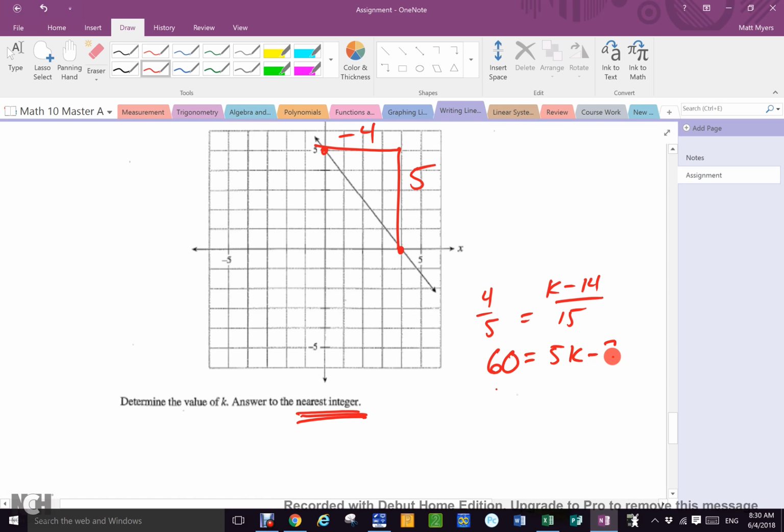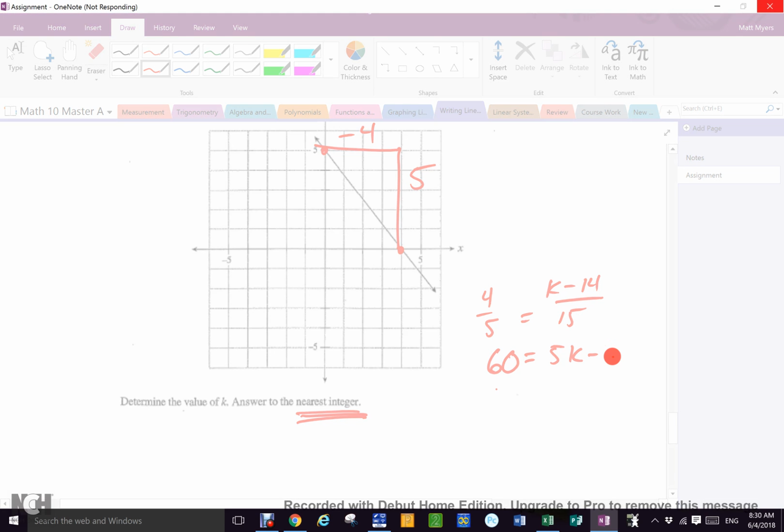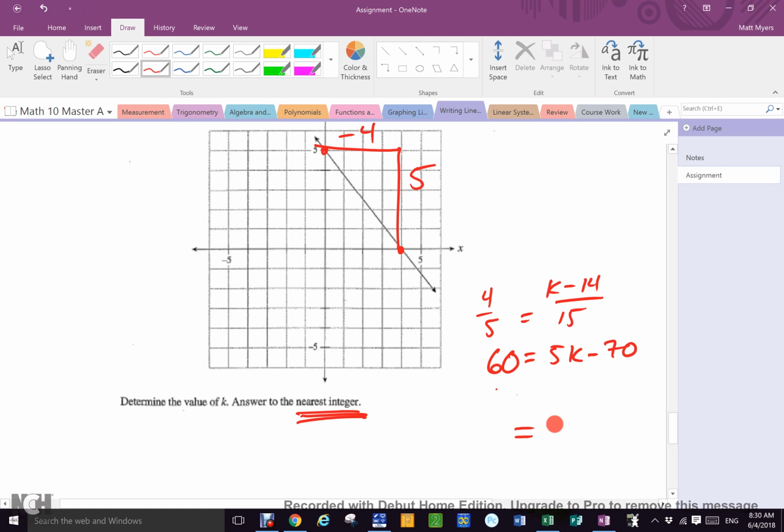There we go. So the 70 goes over there. 130 equals 5K. K equals 5 goes into that twice, 26. That's better.